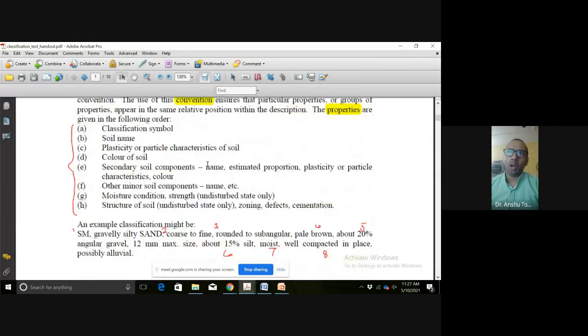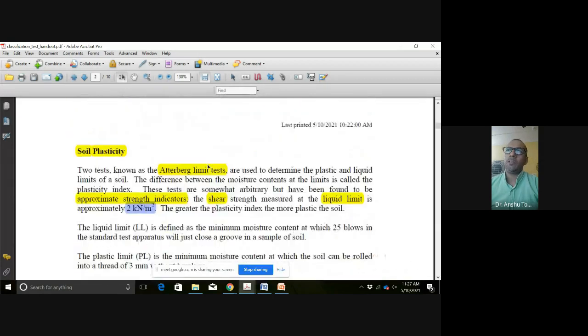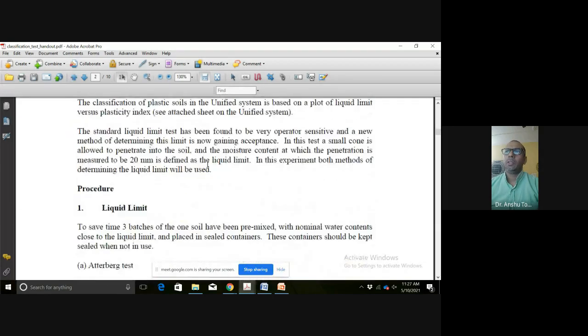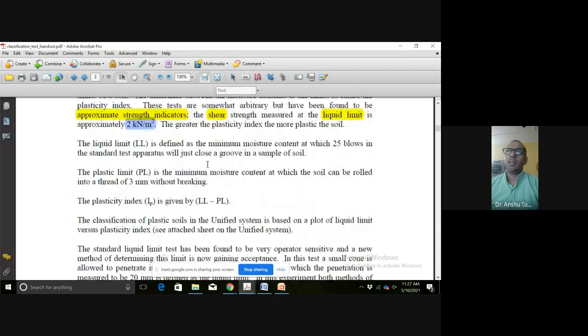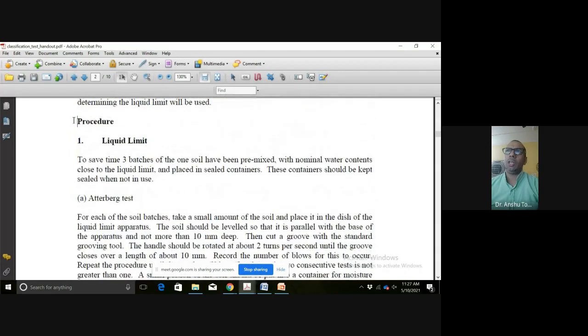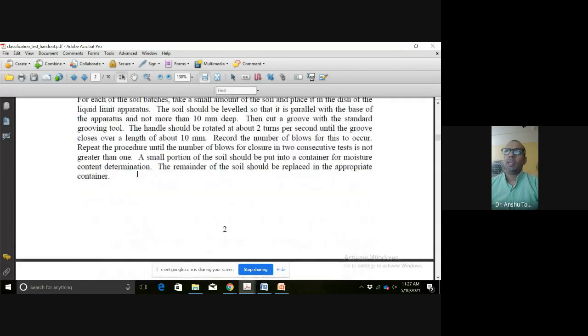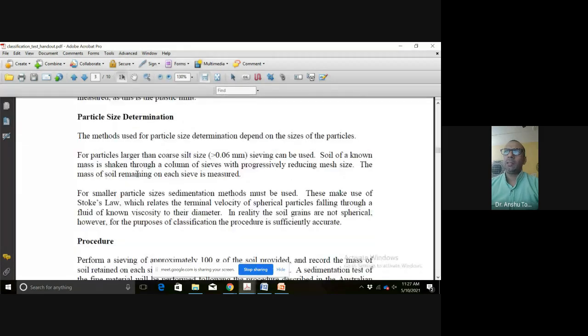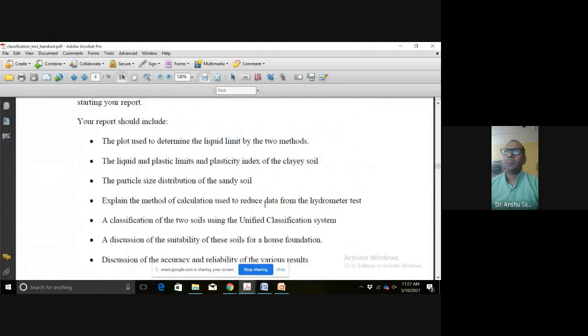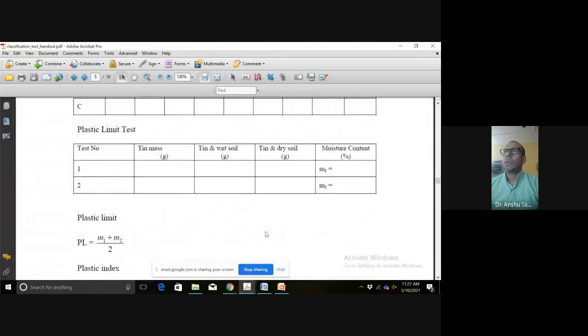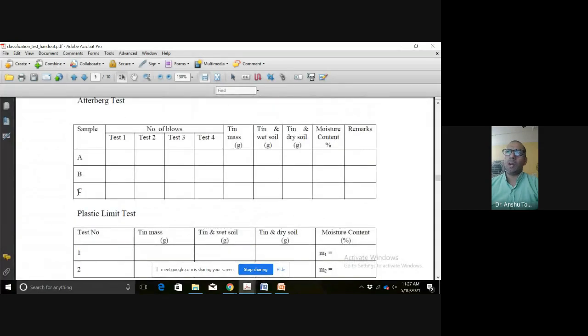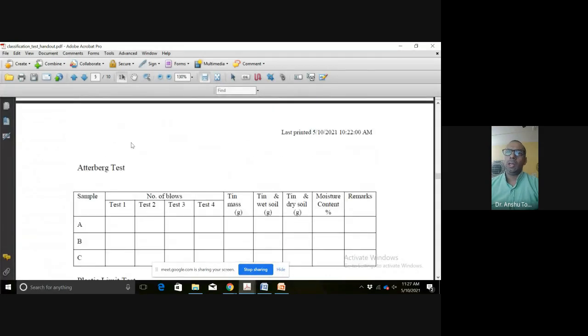Although here a lot of things are being given just for explanation purposes. Whatever is required starts from the procedure here, a little bit of explanation, and this is the part which is required most, in the tabular form.